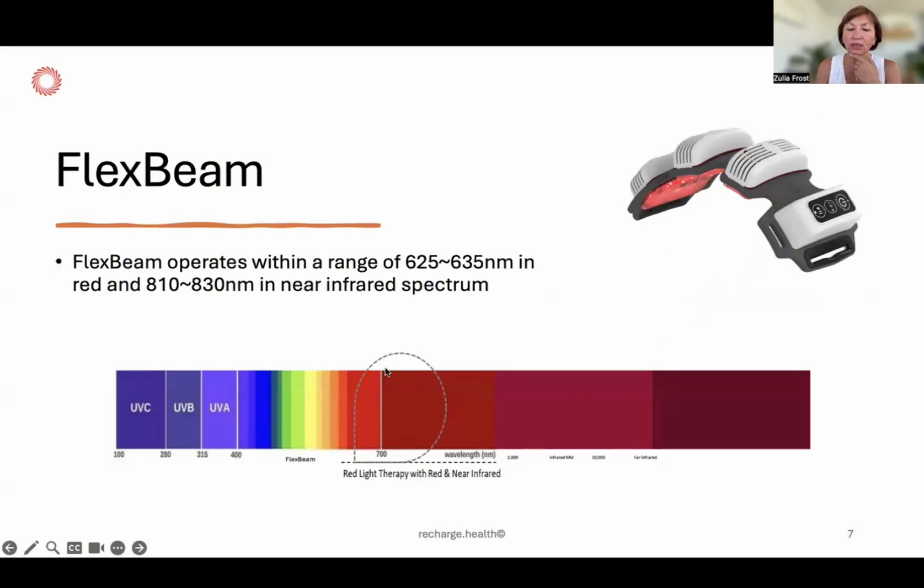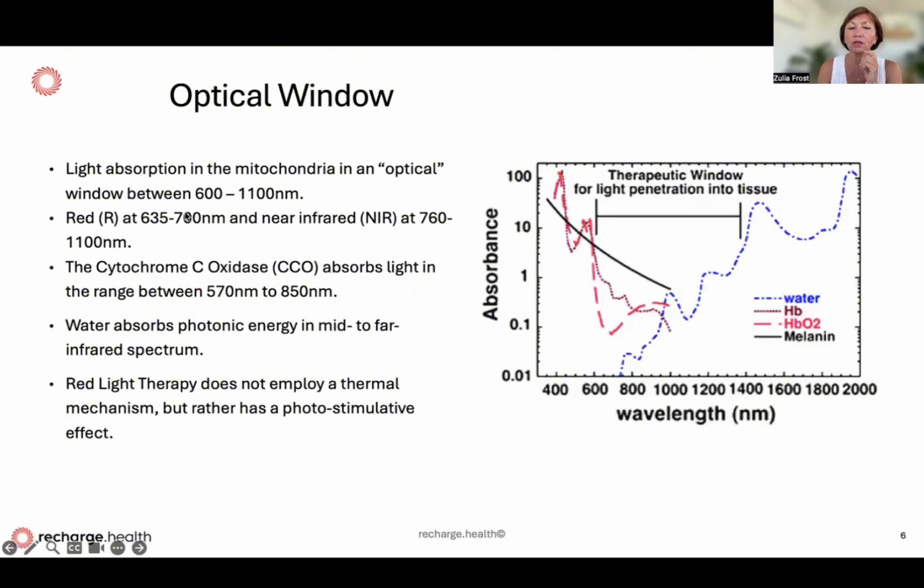You could see it lives here because it's between 625 to 635 and 810 to 830 nanometers in the near-infrared spectrum. But it's perfectly aligned, if you look back, with the mitochondria absorption range.